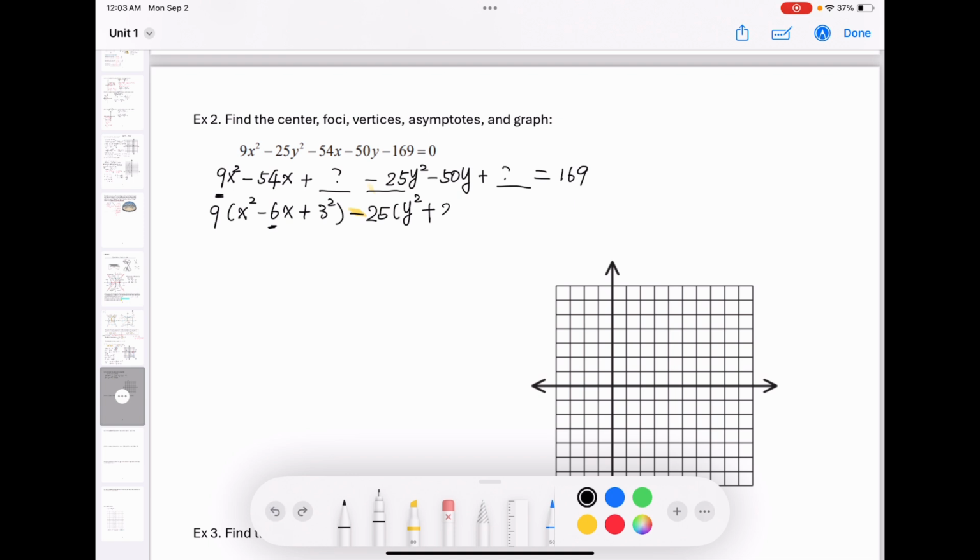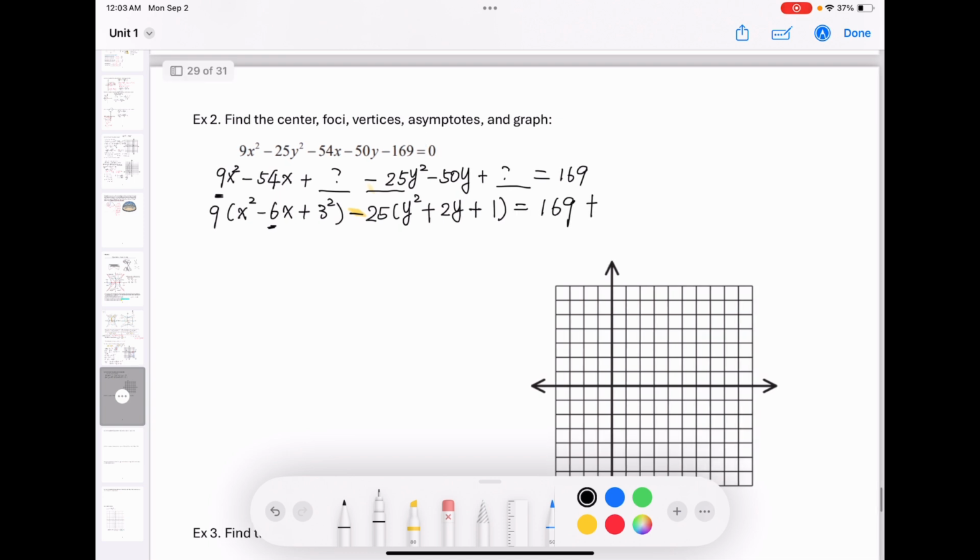So plus positive 2y. And then the third term is 2 divided by 2 and squared. It is 1.